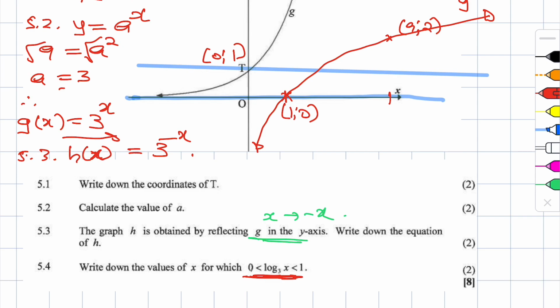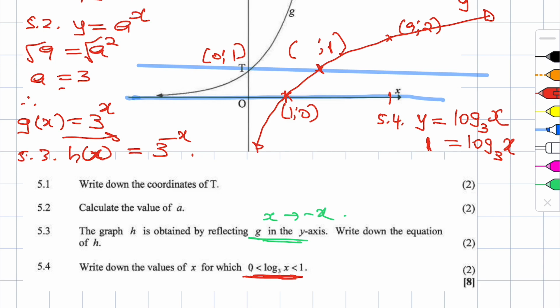Already we have the coordinate here. We need the coordinates for this point. We don't know x, but we know that y is 1. So we can solve for x by substituting y to be 1 into the log graph. So remember, the log graph is y is equal to log base 3 of x. So make y to be 1. So it's 1 is equal to log base 3 of x. Okay, so that's 5.4.